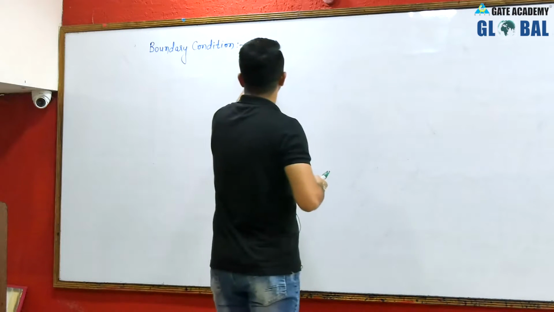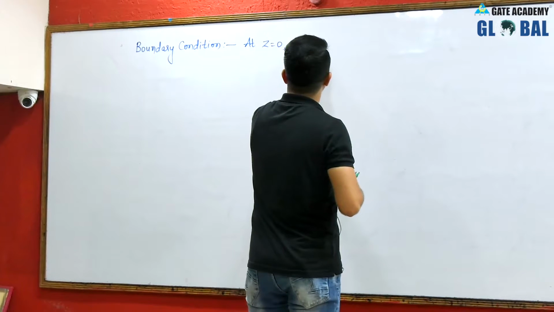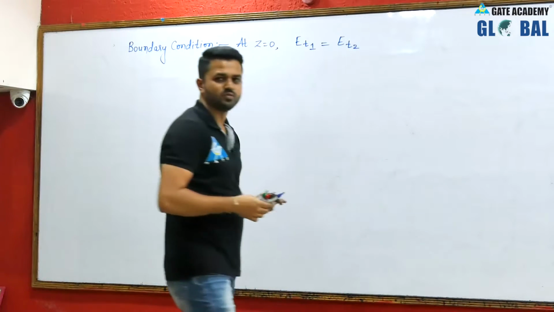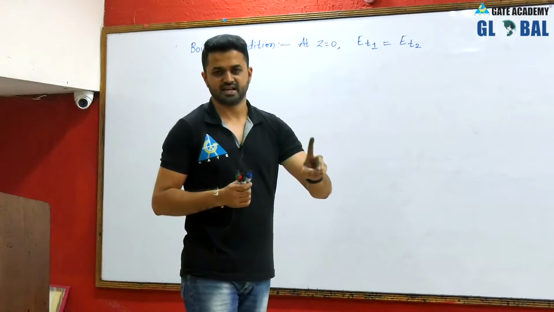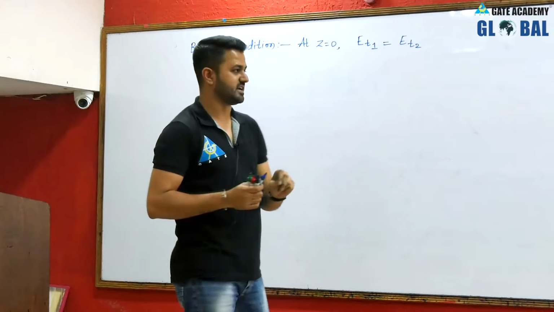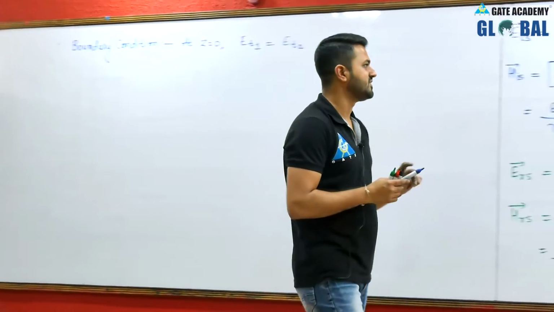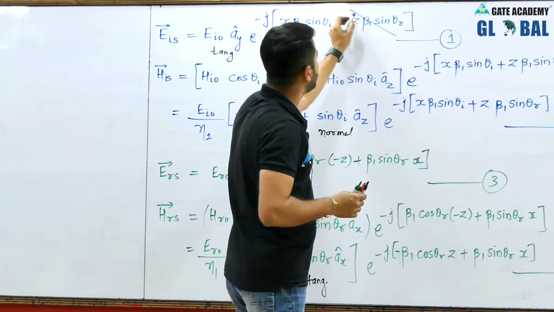Boundary condition: at z equal to 0, tangential component of medium 1 is equal to tangential component of medium 2, and in medium 1 there are two waves, one is incident and another one is reflected. So the incident wave at z equal to 0 of electric field. So incident wave at z equal to 0, it means this term will vanish.